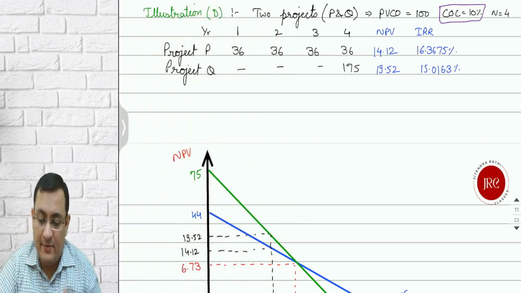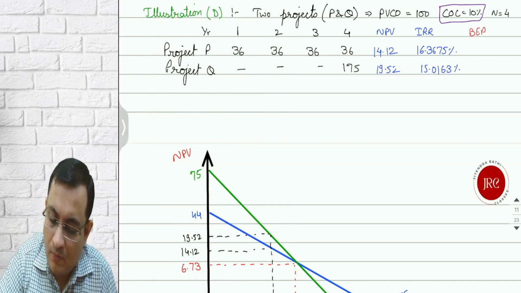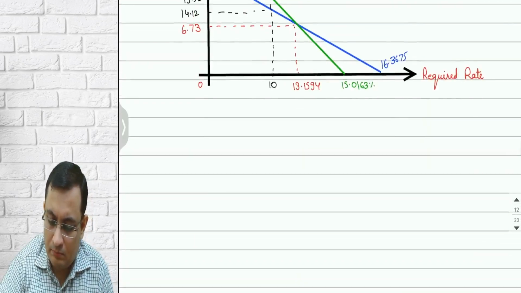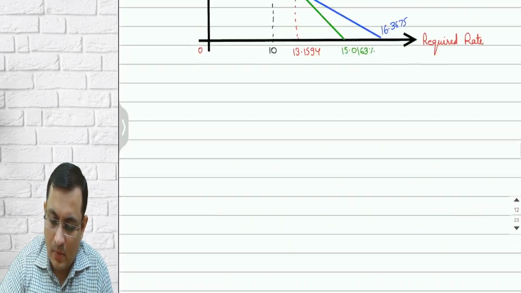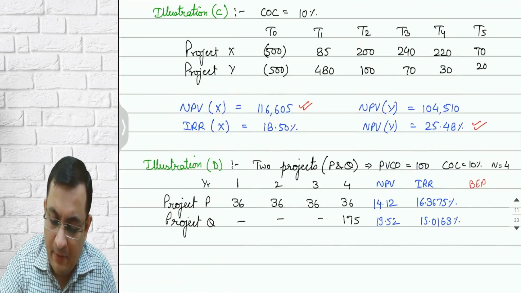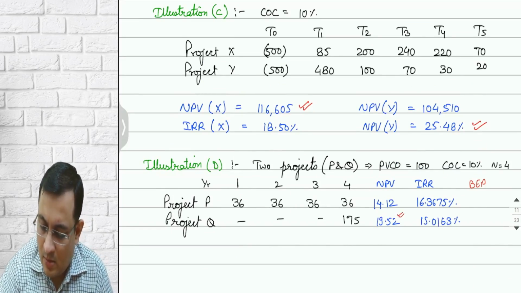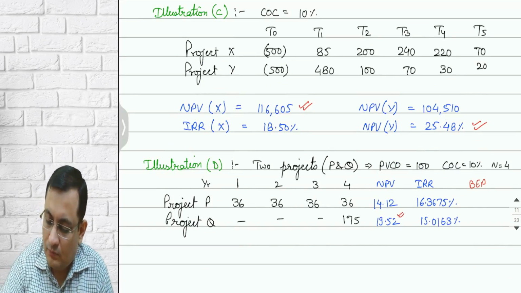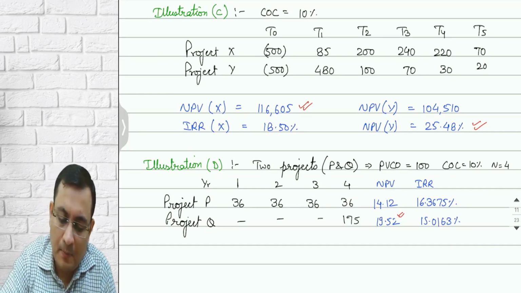If COC is given, again NPV of Q is higher, whereas IRR of P is higher.